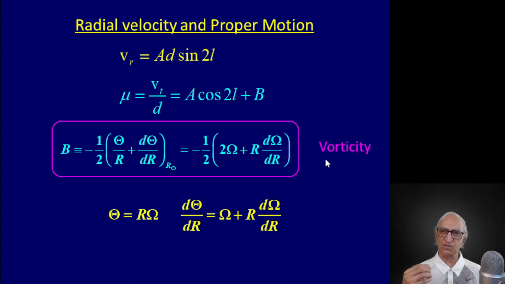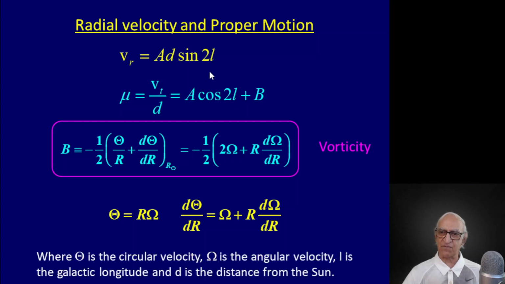So in order to derive the radial velocity and the transverse velocity, we need to describe two things about galactic rotation. One is the vorticity, the curl or the rotation part of it, and the other is the shear, which is the rate at which it is changing with respect to galactocentric radius. Where did these two relations come from?